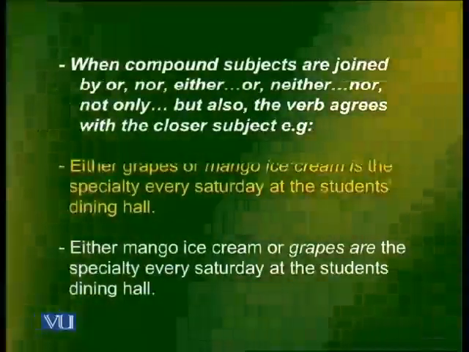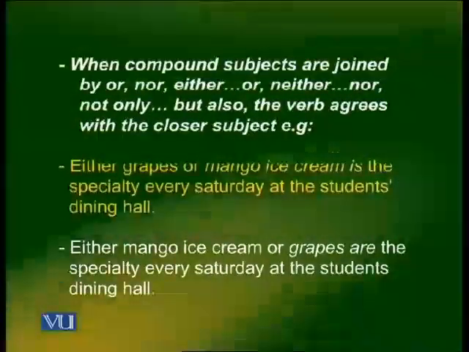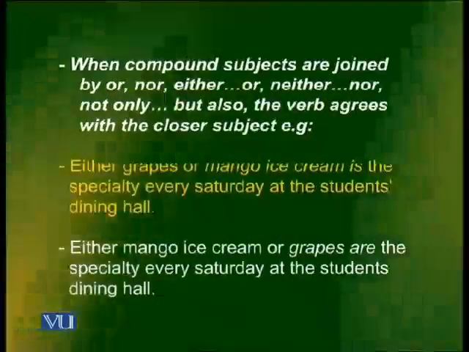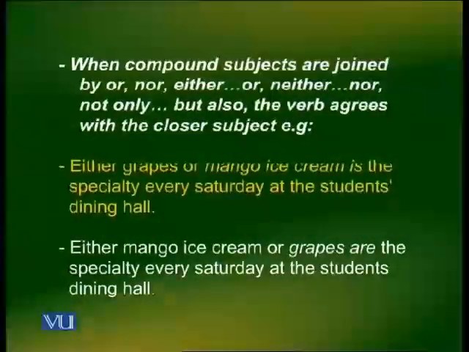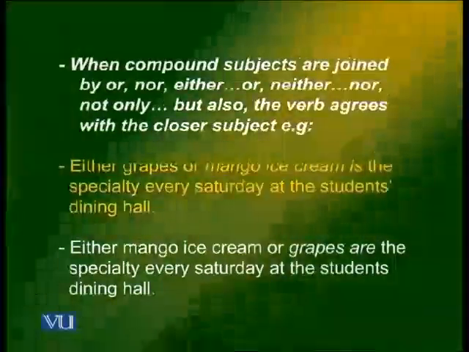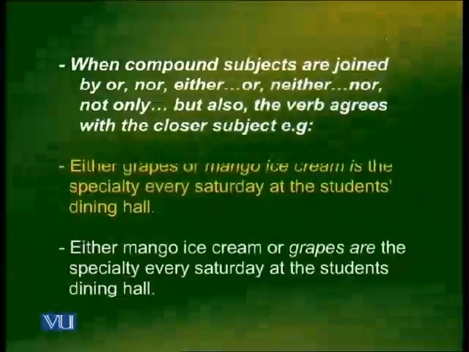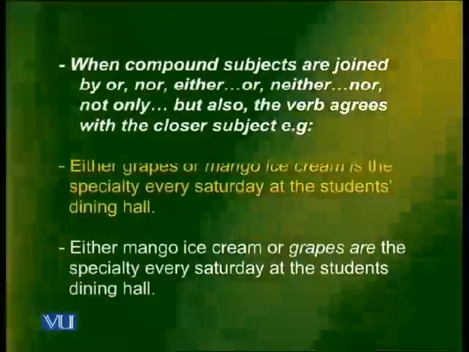Take this example. Either grapes or mango ice cream is the specialty every Saturday at the students' dining hall. Now over there you've got the compound subject grapes or mango ice cream.